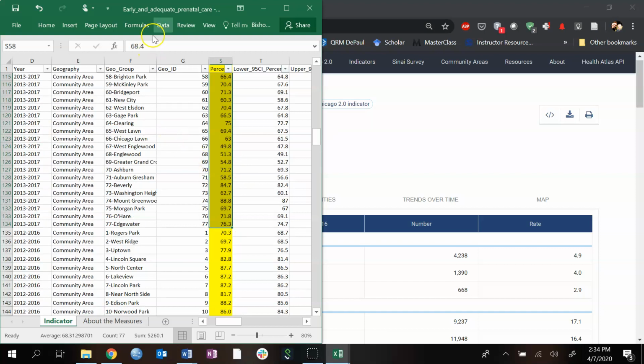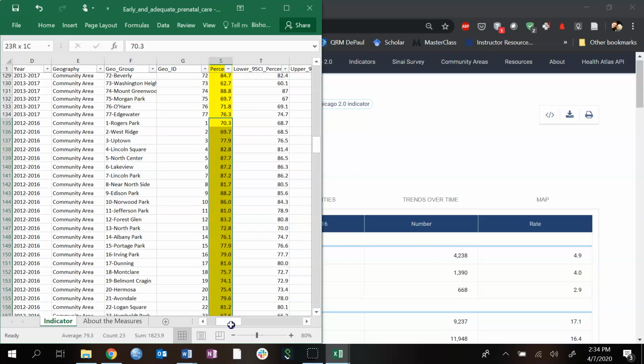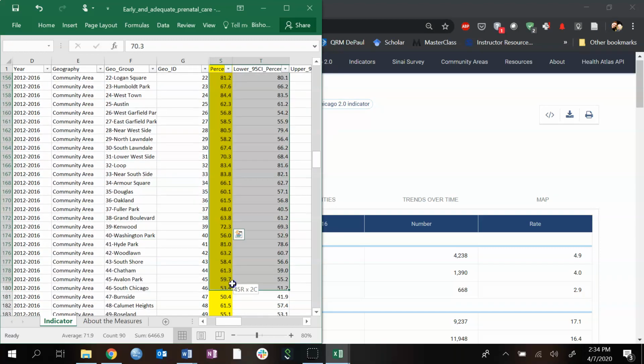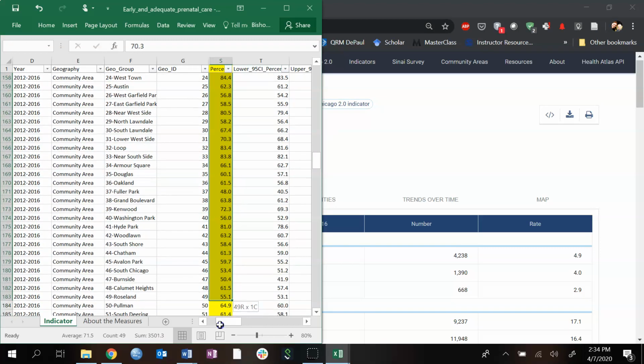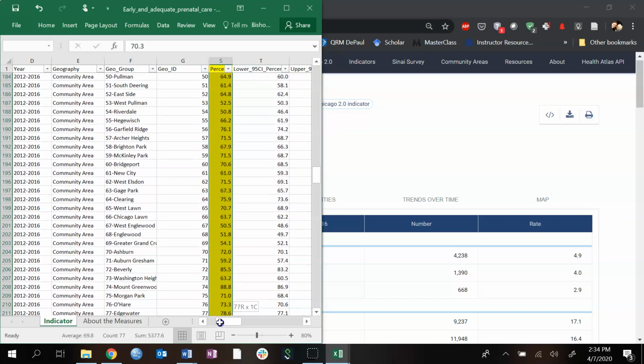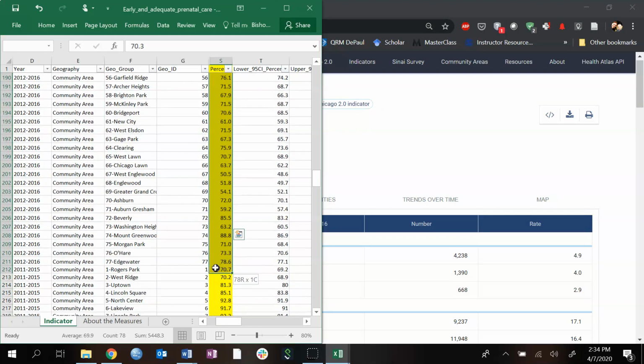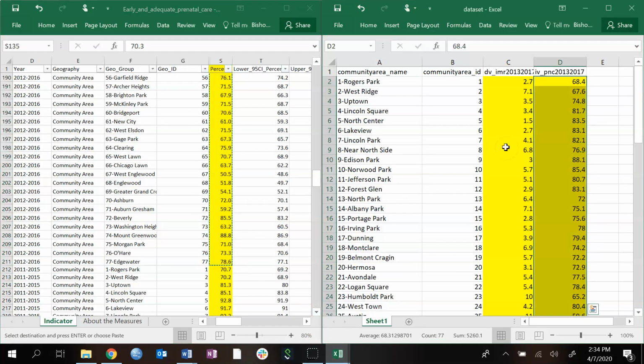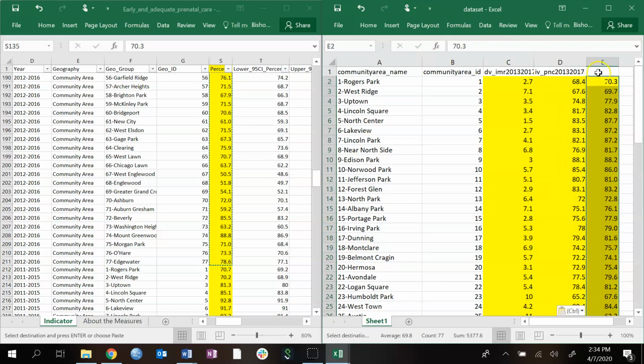And you have that data in here for the prenatal care measure. So while it's here and it's open, let's just go ahead and copy and paste this into our data set. This is our data set. I'll just put it over here.